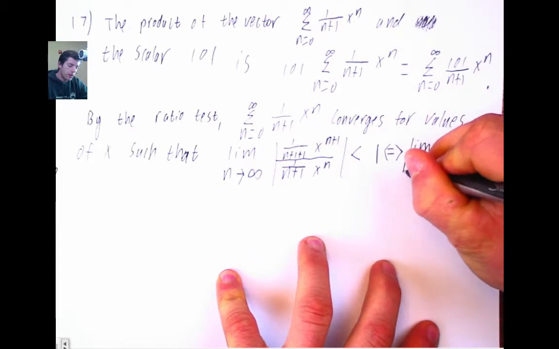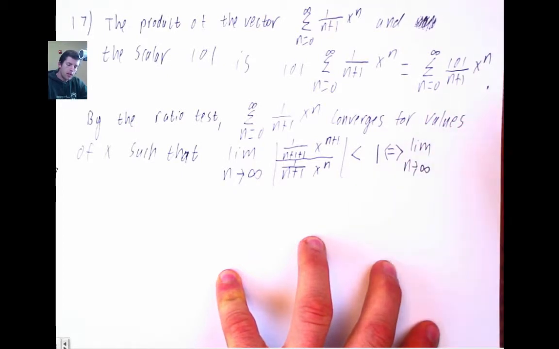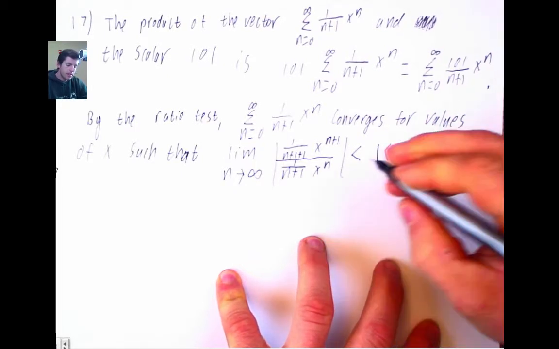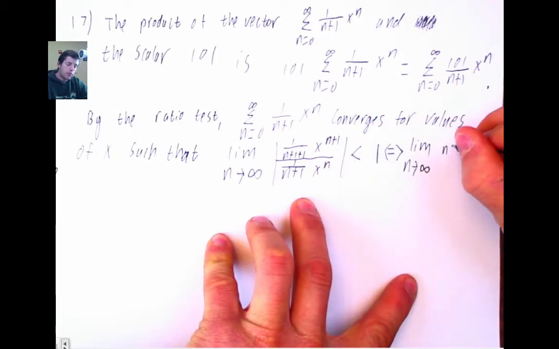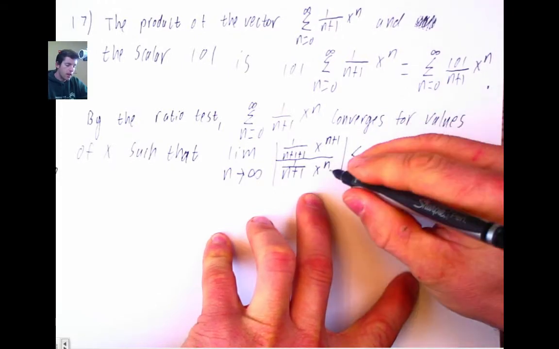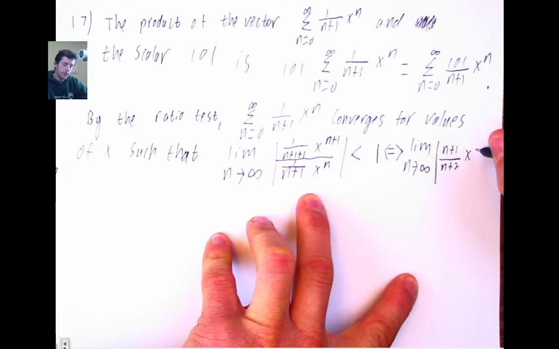Don't forget your limit. The limit as n goes to infinity. And I am going to simplify. Let's see, I have flipping the fractions around, n plus 1 over n plus 2, and absolute value sign. All but one of the x's cancel, so x. And that needs to be less than, just less than 1.